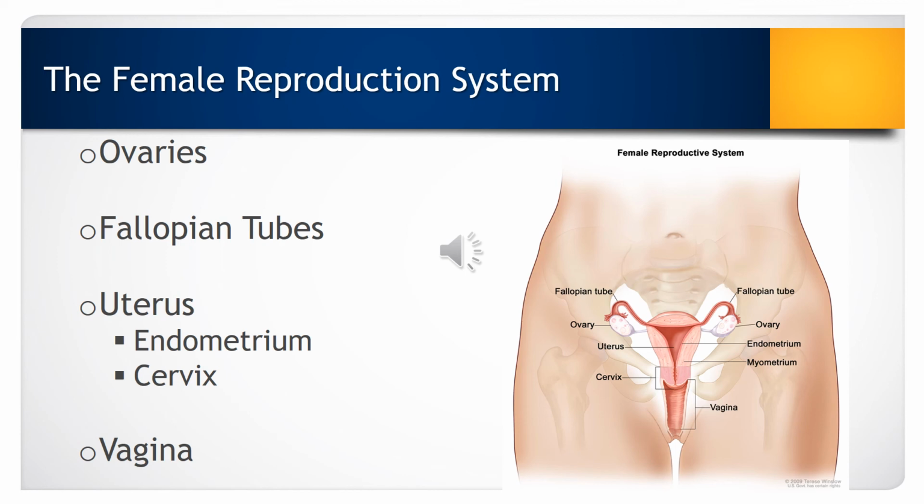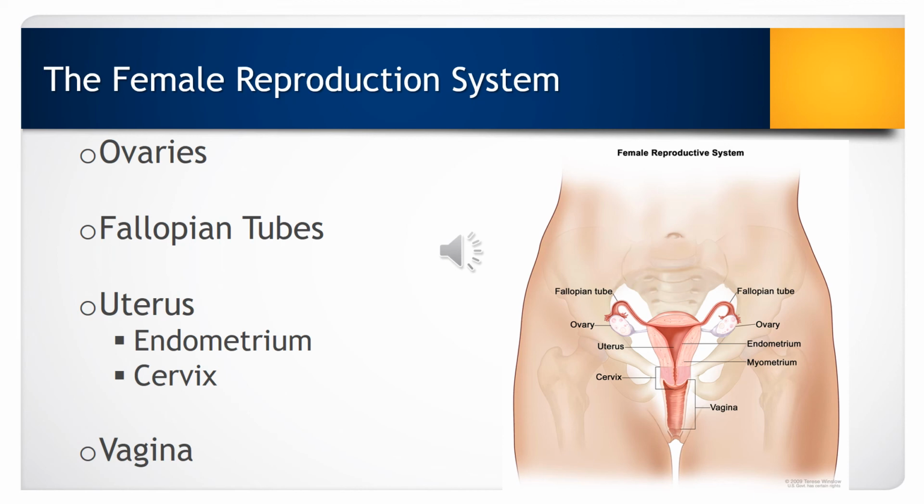Right along the side or above the ovaries are 2 fallopian tubes. The fallopian tubes, at the end of them, have finger-like projections that are called fimbriae. The purpose of the fallopian tubes is to take the mature ovum or egg and transport it through the tube into the uterus.